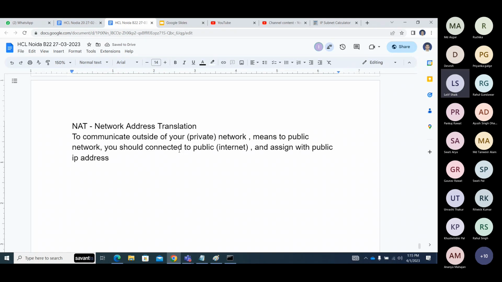Instead of that, we use NAT instead of assigning IP addresses to each device.